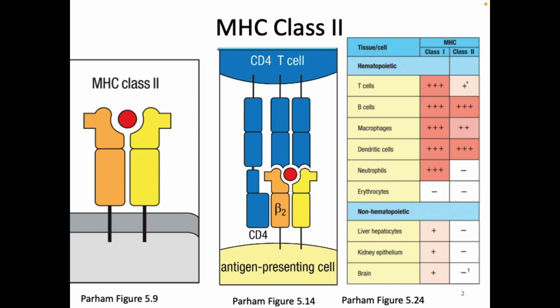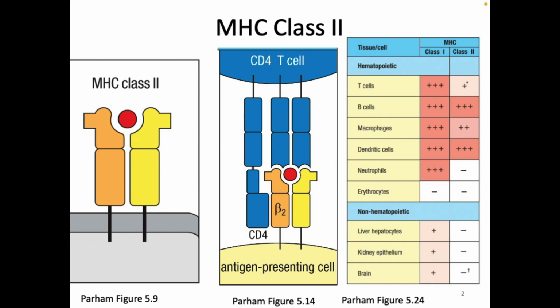So, today we're going to be thinking about this same process for MHC Class II. I just want to remind you of a few general things about MHC Class II as we go into this process.